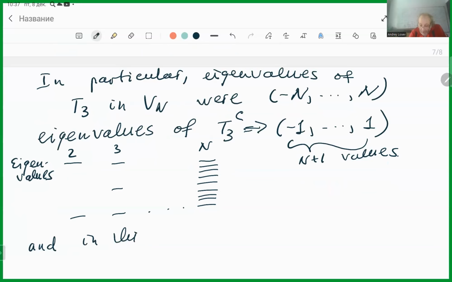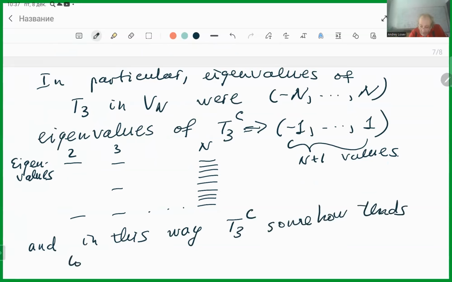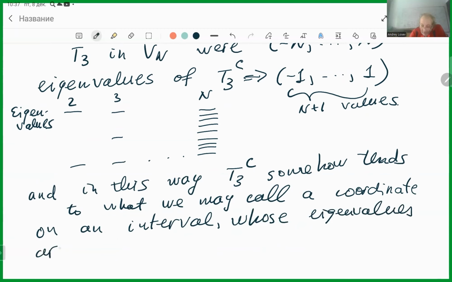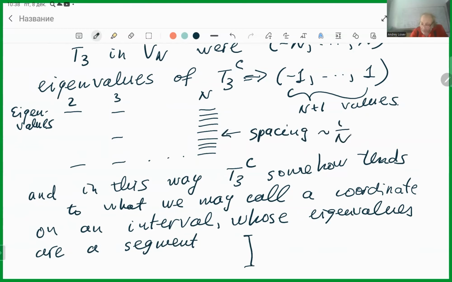And in this way, T3 classical somehow tends to what we may call a coordinate on an interval, whose eigenvalues are a segment. So here the spacing is like 1 over n.